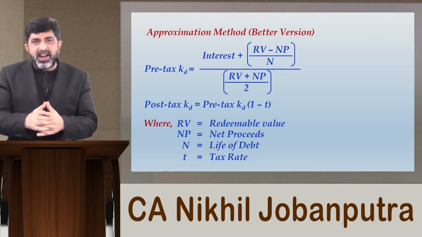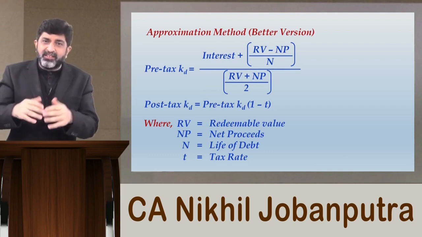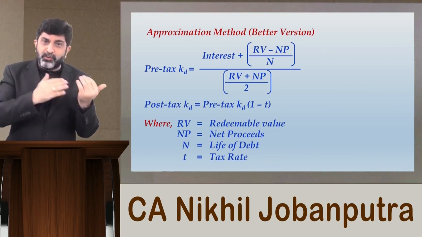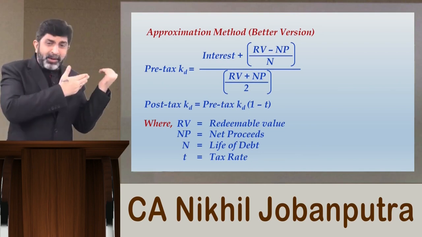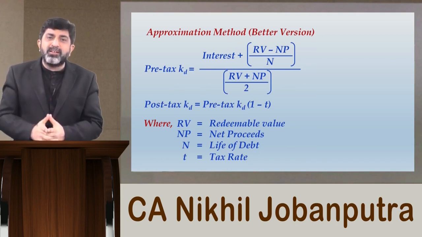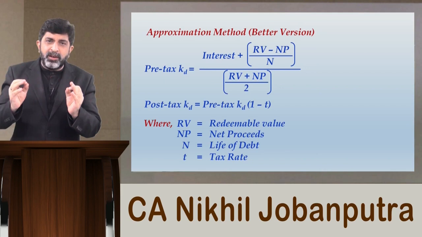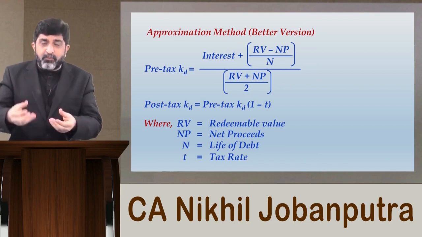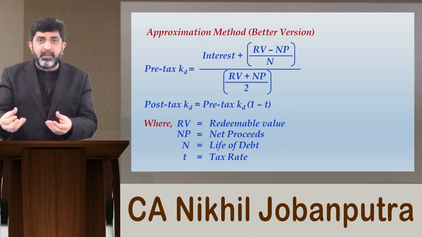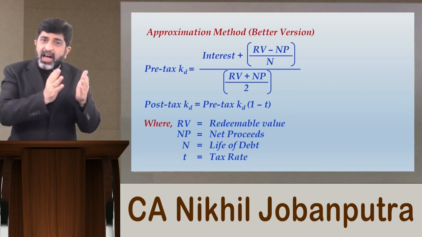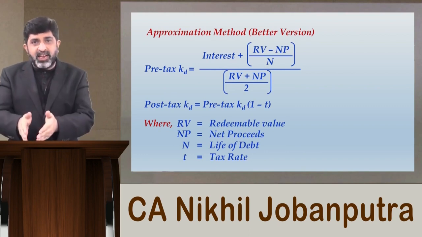I do not understand why ICAI is still sticking to that, and if it is still sticking to the older version, at least use the better version of formula is what I always argue, but they are not going to listen. These people are not able to understand what is today's requirement and draft the study material accordingly. Something which is outdated, still there in the syllabus.